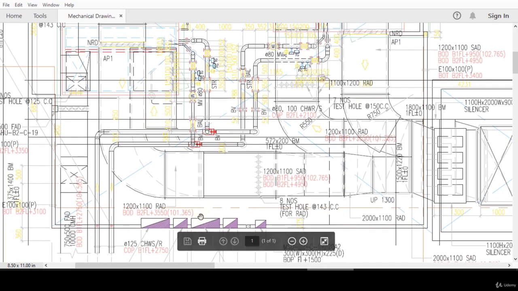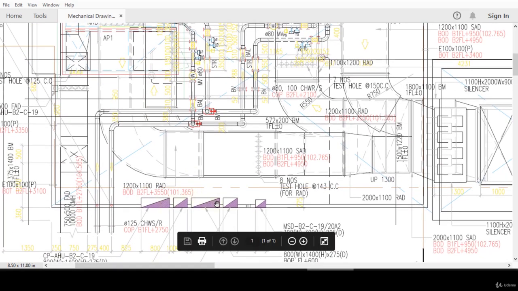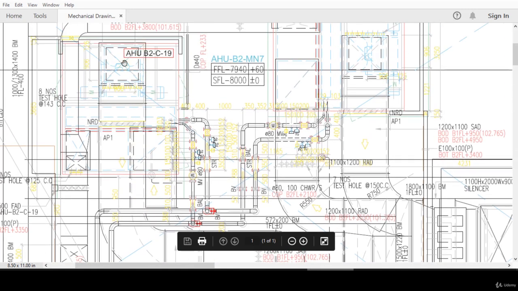When you see the symbol that is a rectangle with a slash from one corner to the other, creating two triangles, this is what we call a return air duct symbol. So return air duct is a slash and supply air duct is a cross. So this is also a supply air duct, because it's a cross.